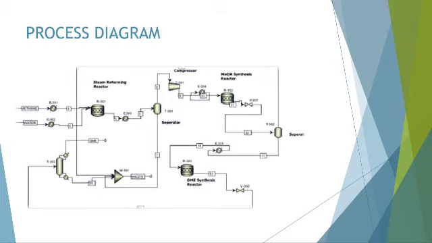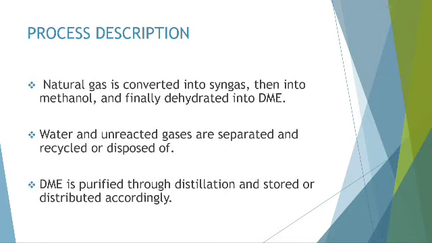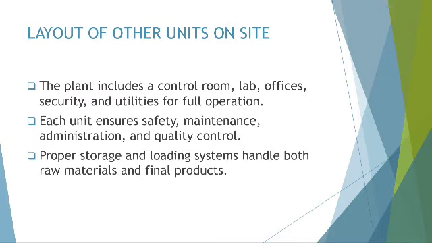So let's look at the layout of units on the site. Beyond the reactors and converters, the site is fully equipped to function like a small industrial city. We have a control room for monitoring operations, a lab for quality control and analysis, and an office for administrative functions.